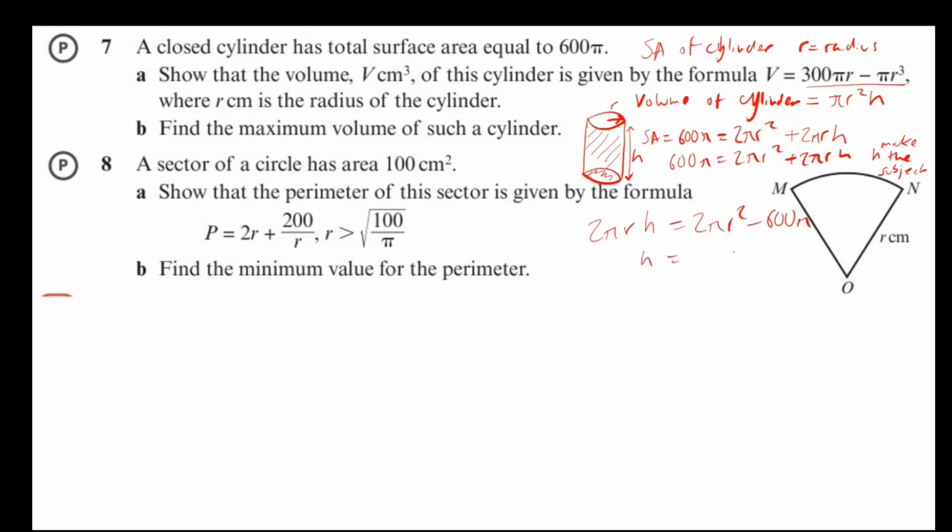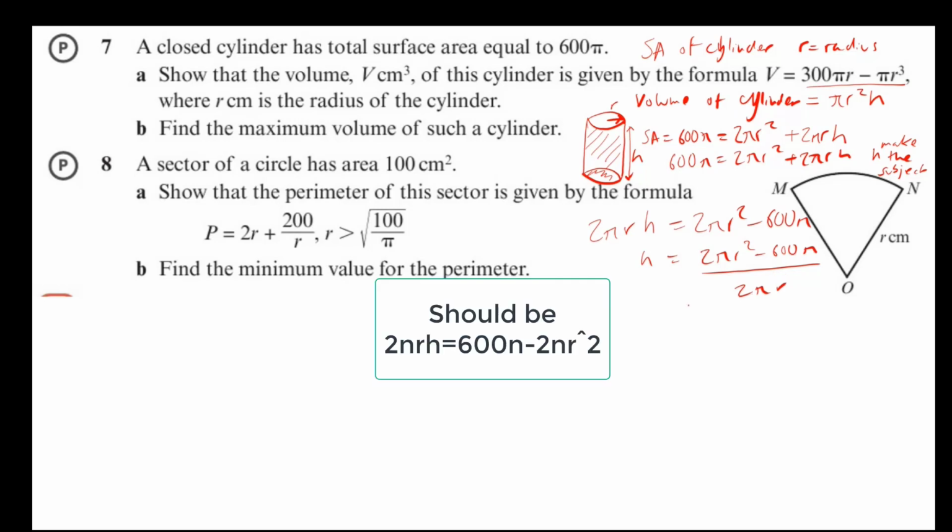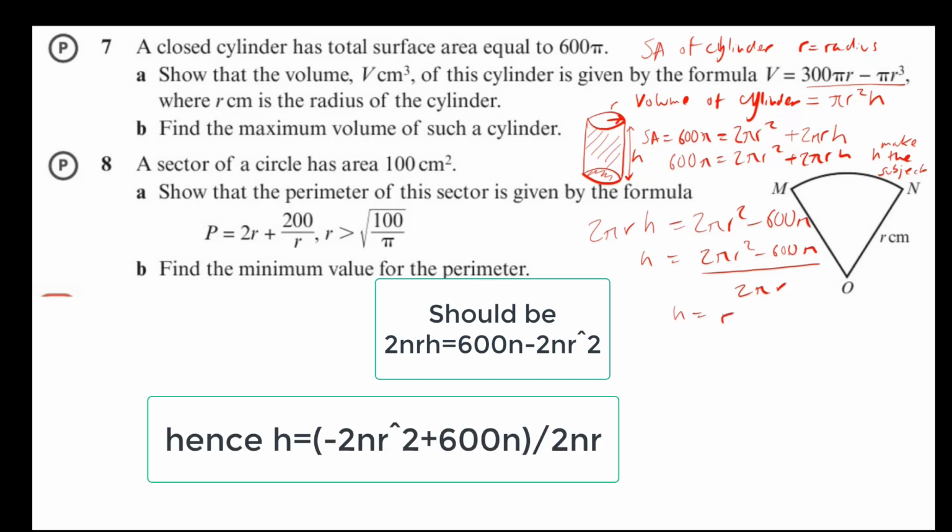So H is going to equal that divided by 2 pi r. And we simplify that. Once you simplify that, 2 pi is going to cancel, you're going to get left with r. 600 pi divided by 2 pi is going to give you minus 300.